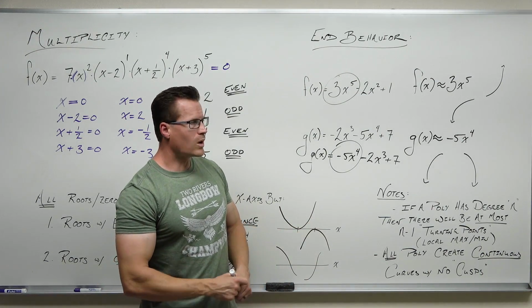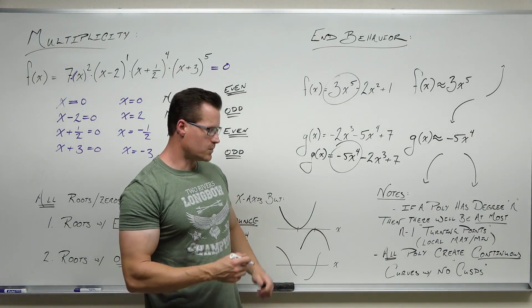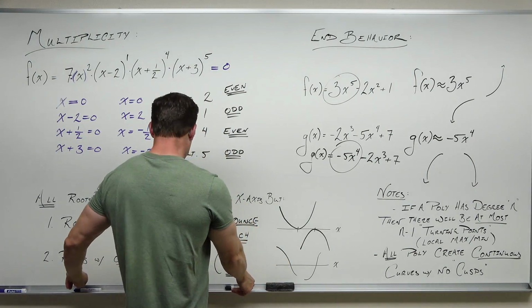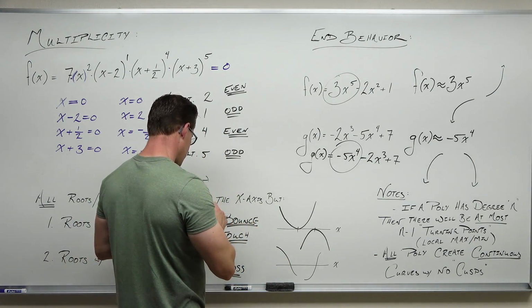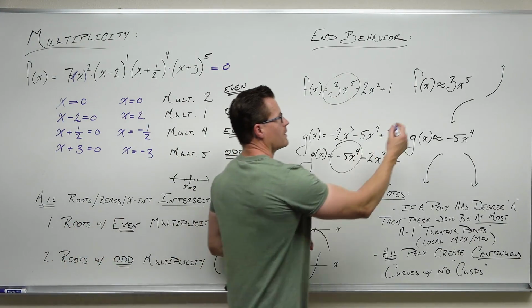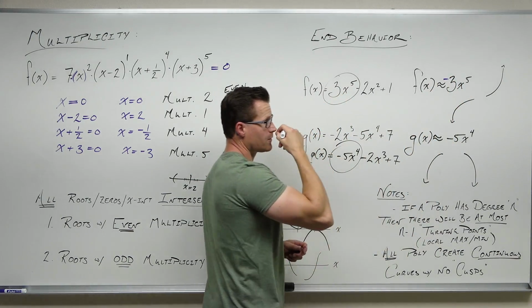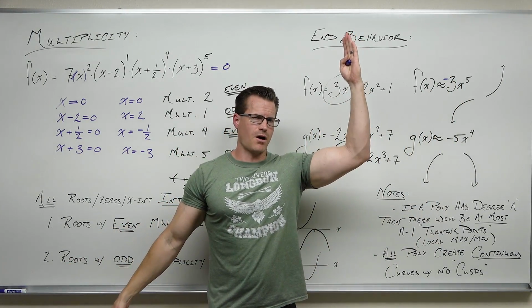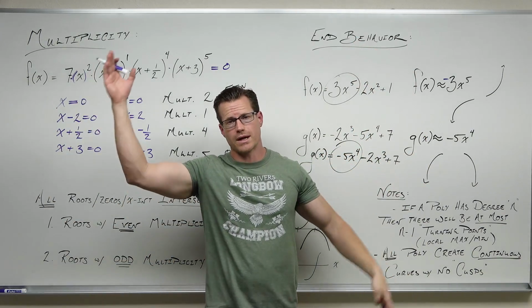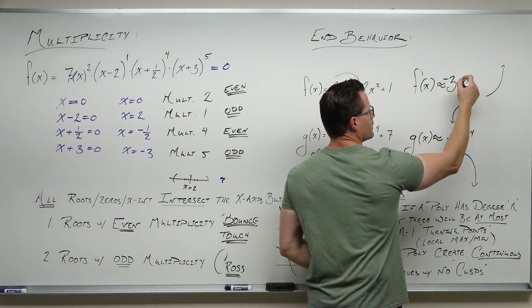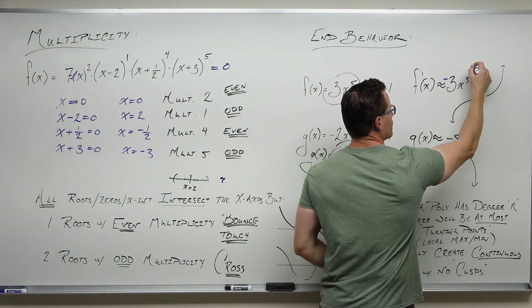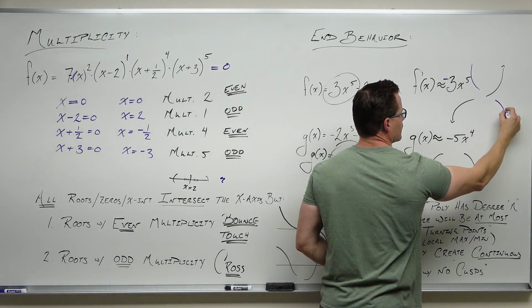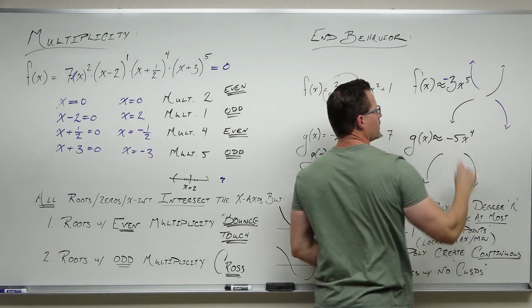So one more thing, what if we change some signs? What would it do? If we change this to, let's say, negative 3x to the fifth, then what that would say is you're an odd, you have opposite signs, but now I'm reflecting it. So now it would sort of do that.